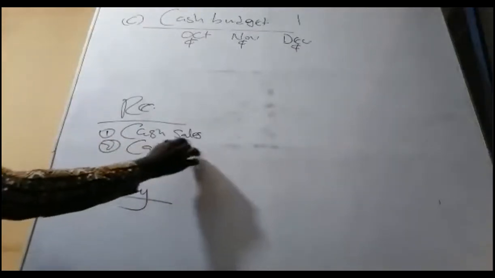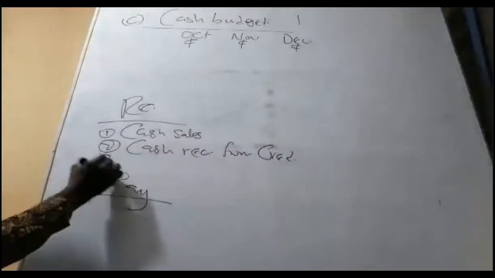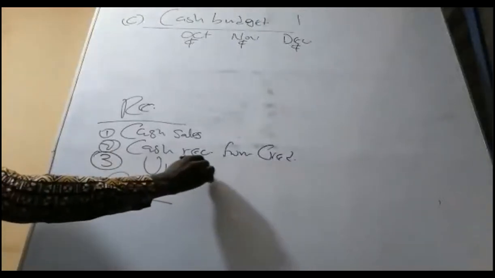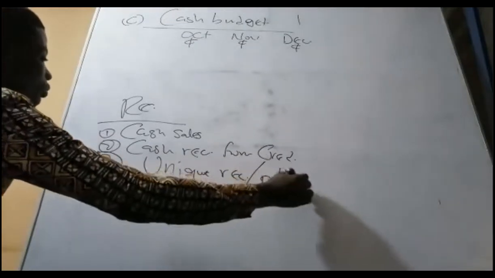Two, cash received from credit customers. Three, I call it unique receipts. Other people call it other receipts.